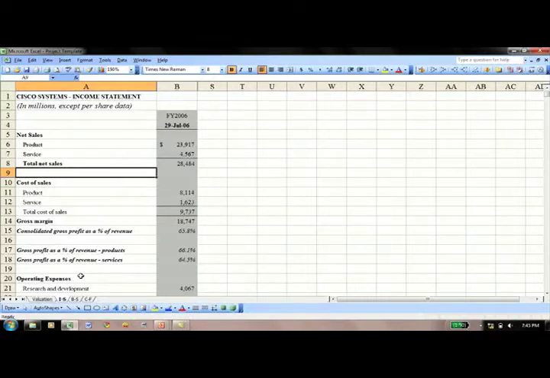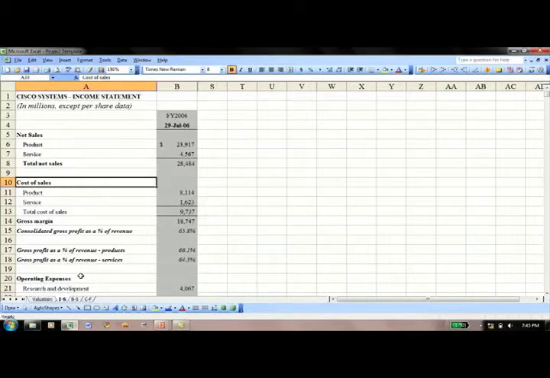So Cisco doesn't see the money when it makes the sale, and the money might come in later, but the fact that the contract has been signed and the product has been delivered allows Cisco, per GAAP accounting rules, to actually include the net sales number in here.